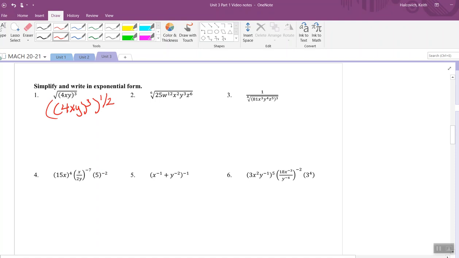So we have 2 squared, because that's 4, 2 squared xy to the third. Actually, it's going to be to the 3/2 power, because you can multiply that exponent. And then 2 squared to the 3/2 is going to be 2 to the third. Then we have x to the 3/2, y to the 3/2.